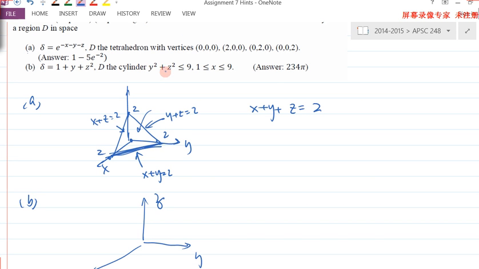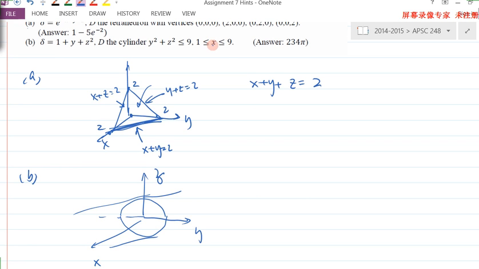Region D is the cylinder y squared plus z squared less than 9. If you extend that cylinder in the x direction, you get the cylinder, but x exists only between 1 and 9, so it's only a portion of the cylinder.